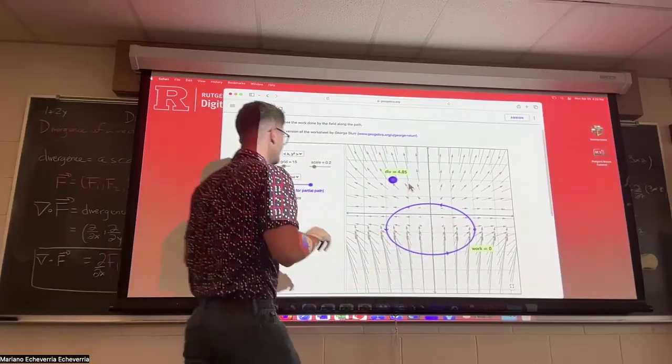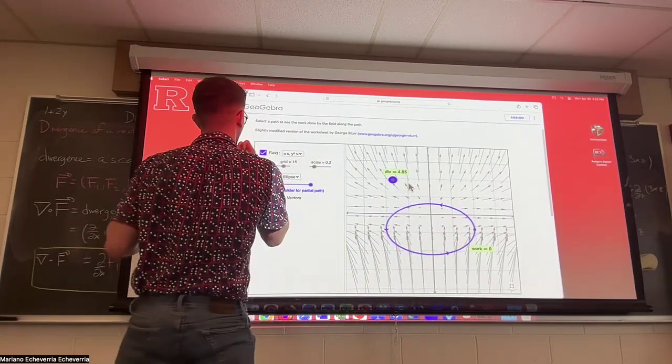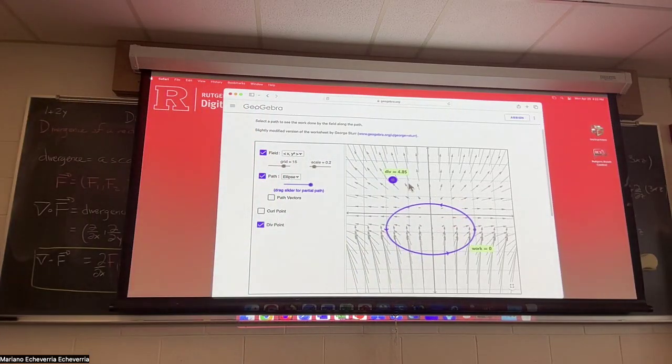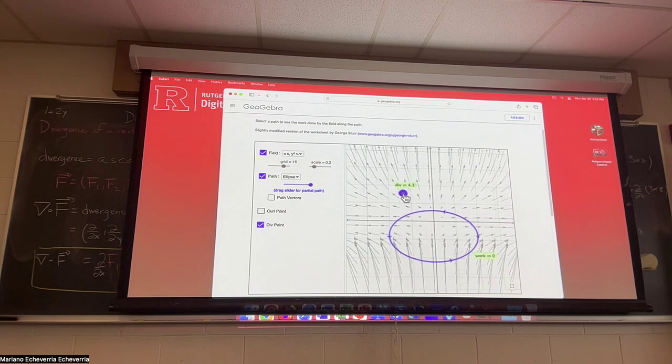Whereas if the divergence is negative, this should be so that the y square is always negative. When the divergence is negative, there is what you would call a sink, meaning that you're draining water from the fluid.